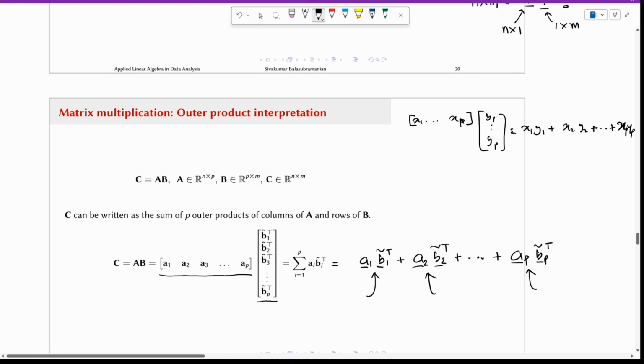The individual elements are outer products. A column multiplied by a row. First column of A multiplied by the first row of B. The second element, you have the second column of A multiplied by the second row of B. Okay. And each of these is an outer product. And what do outer products produce? They produce matrices. Right?